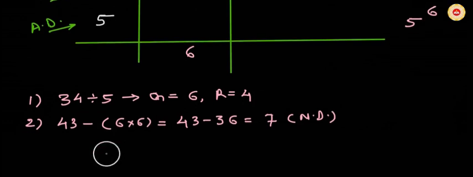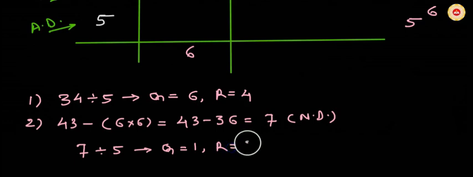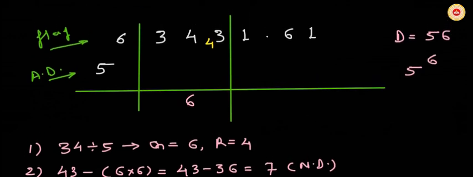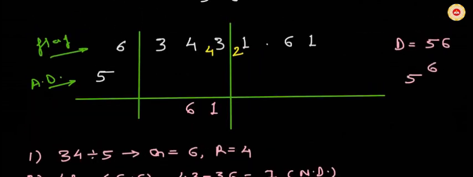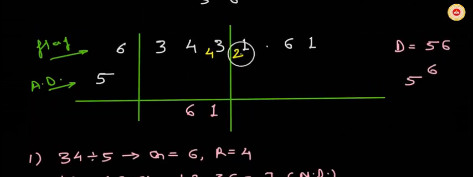Now divide net dividend 7 by actual divisor 5, which gives you quotient 1 and remainder 2. 5 ones are 5, 7 minus 5 is 2. So write quotient 1 below gross dividend 43 and write remainder 2 as a prefix to the next digit in the dividend.